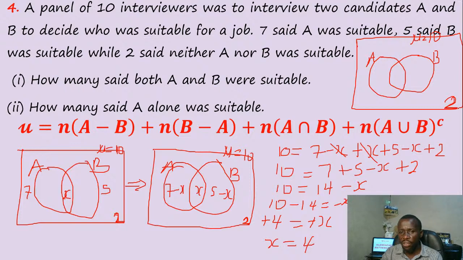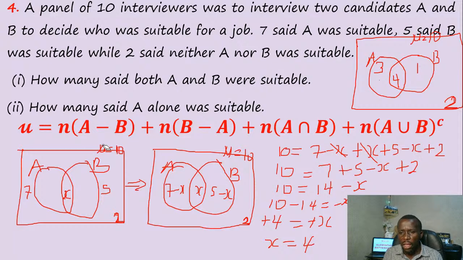Now, based on this 7, here is supposed to be 7 minus X, right? And my X now is 4. 7 minus 4 is 3. So I'm going to have 3 here. My center here is the X, and I've gotten 4 already. This one is now 5 minus X. My X is 4, so the answer is 1. So now I have this.